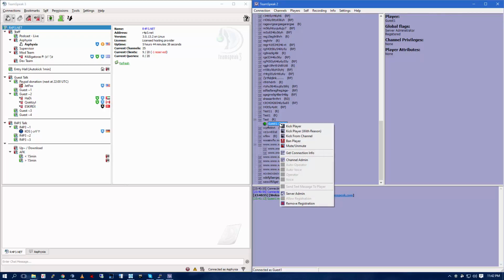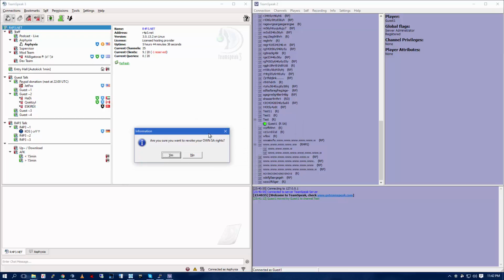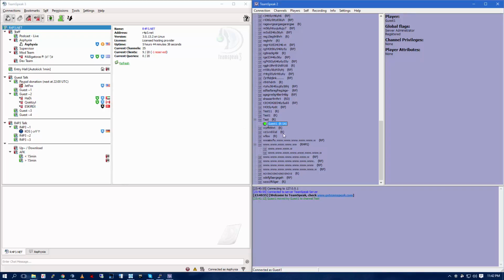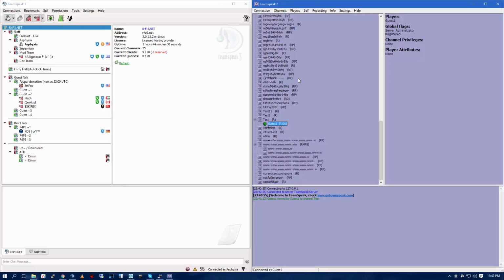So they right click your name, press E, boom. Are you sure you want to revoke your own SA rights? Now, if this was someone else, it would just right away give them server admin rights, at which point they could just already have me right clicked, and as soon as they get SA, boom, they're taking my SA away, from what I remember of it. So it's pretty bad.